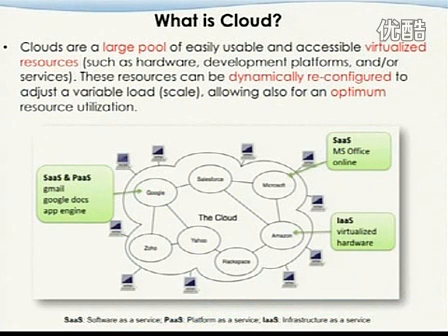So cloud is a very interesting idea to distribute your computation at a much more scalable level. The cloud is a large pool of easily usable and accessible virtualized resources, and these resources can be dynamically reconfigured to adjust to a variable load.